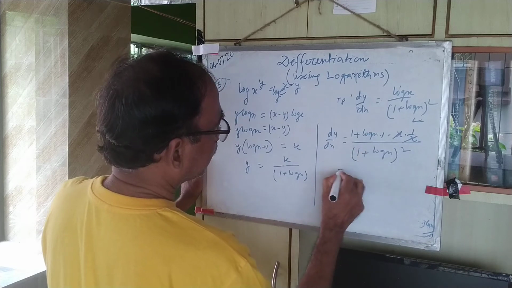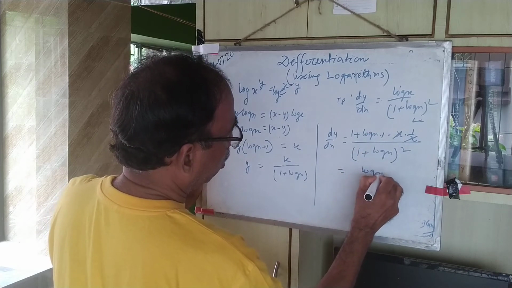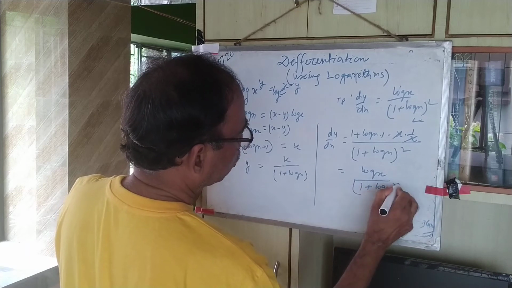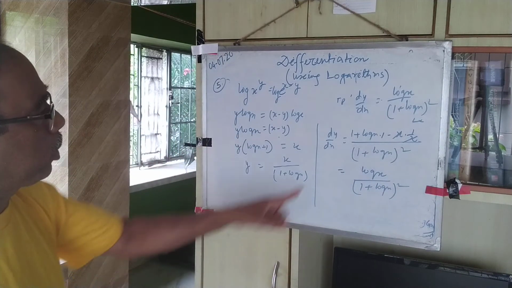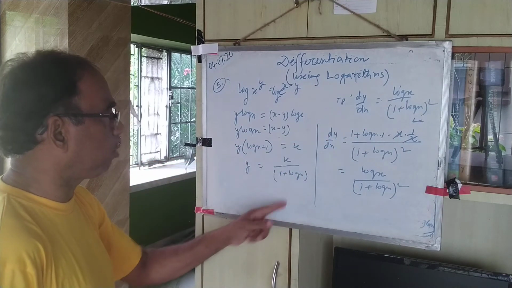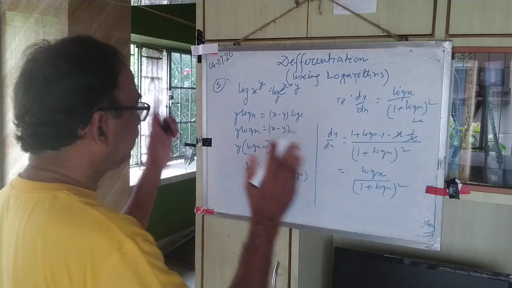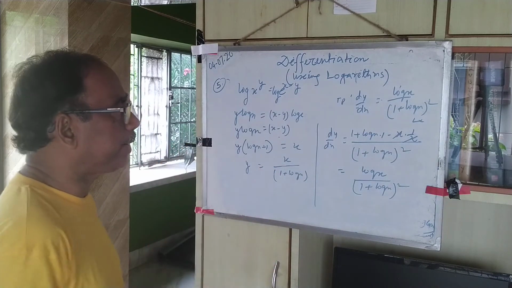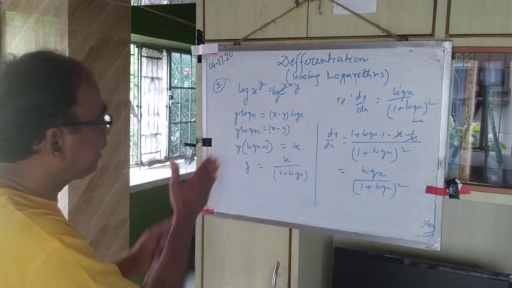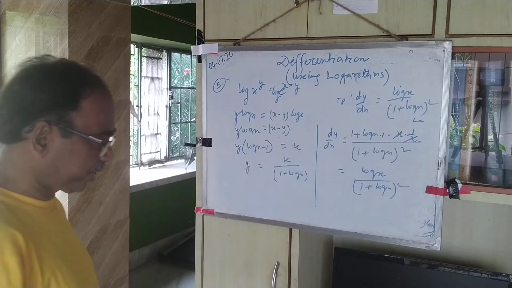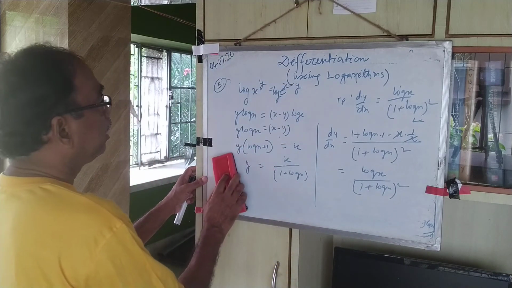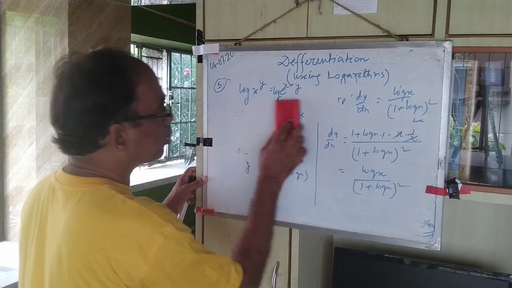That is log x by (1 plus log x) whole square. You have to do it like this because you have to prove this. That's why we take y in fractional form, then differentiate both sides with respect to x. We got the required answer.